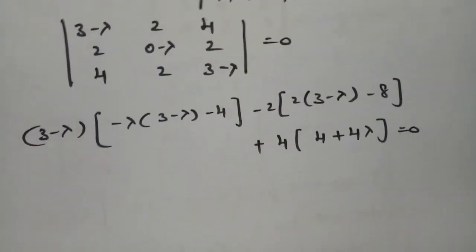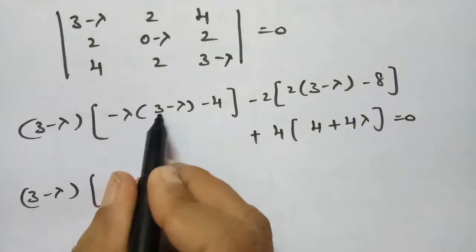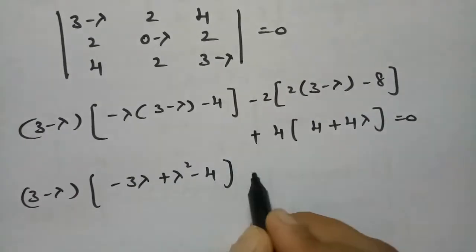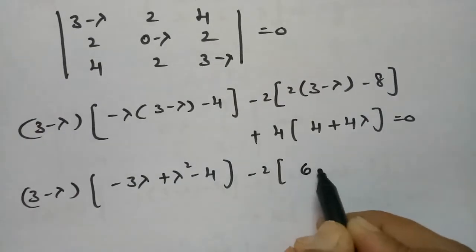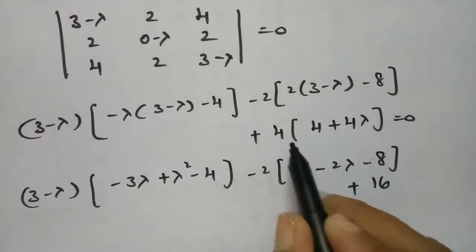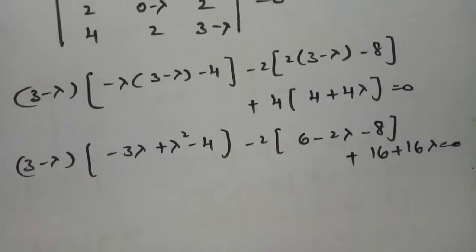Now I have to multiply each and every term. So 3 minus lambda times minus 3 lambda plus lambda square minus 4, and minus 2 times 6 minus 2 lambda minus 8, and this will be 16, 4 fours are 16, plus 16 lambda is equal to 0.